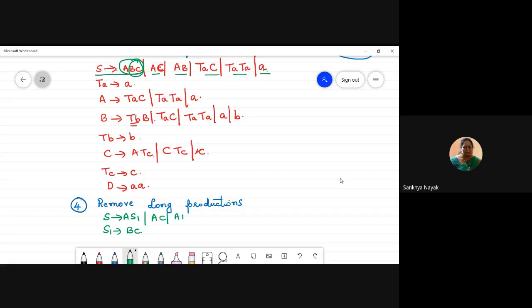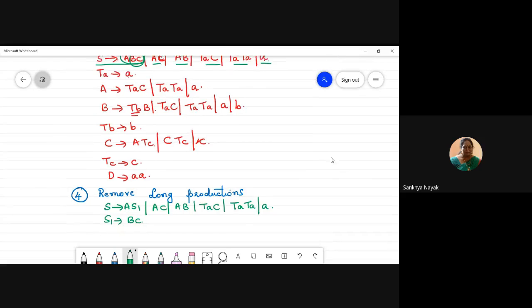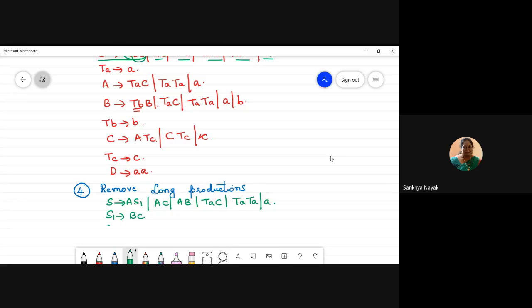Now AC, AB, TAC, TATA and a are already all in the format. That is, they are either two non-terminals or I have a single terminal. So no issues with that. Correct? So I'll just copy them. Next, TA derives a. Again, that's in the format itself. Right? Next, come to this. This is also in the format itself, isn't it?